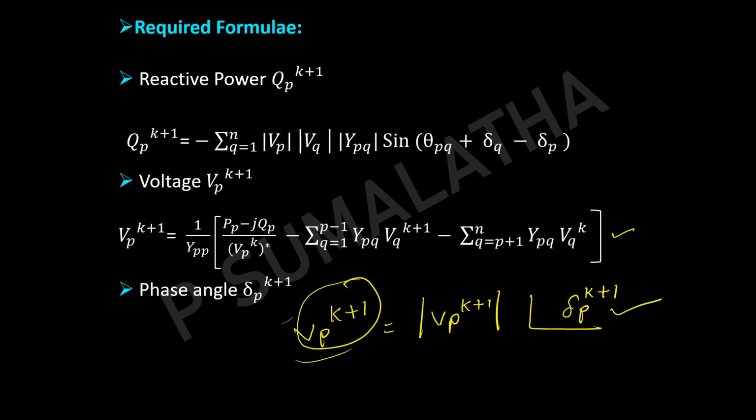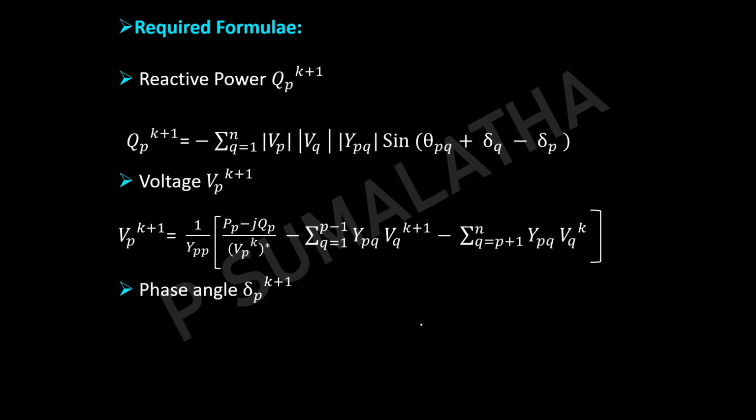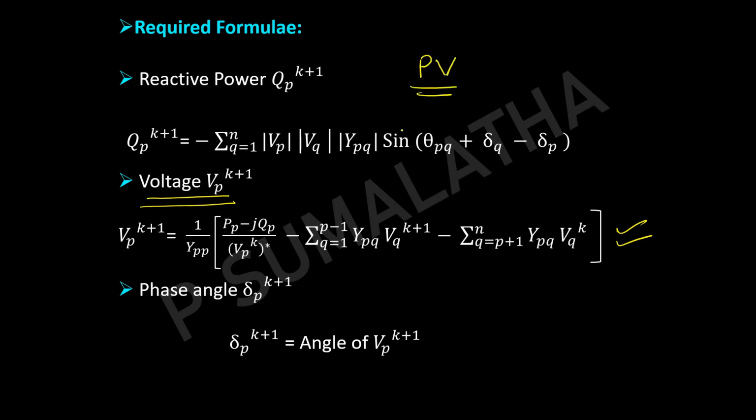Therefore, you can write del P k plus 1 as the angle of V suffix P k plus 1. If it is a PQ bus, we have used only the voltage V suffix P k plus 1. If you have PV buses in the system, including the voltage at any bus P, you need to find the Q and the del value of that particular PV bus. So, all of you can make a note of these three formulas.